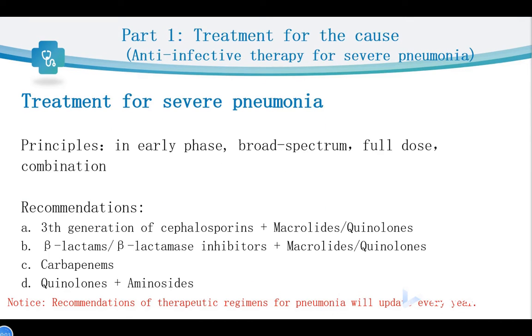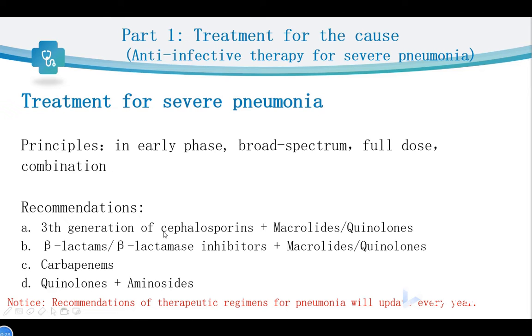The treatment for severe pneumonia is different from mild pneumonia. The principles of treatment for severe pneumonia include: in the early phase, use broad-spectrum antibiotics, full dose, and a combination of antibiotics.